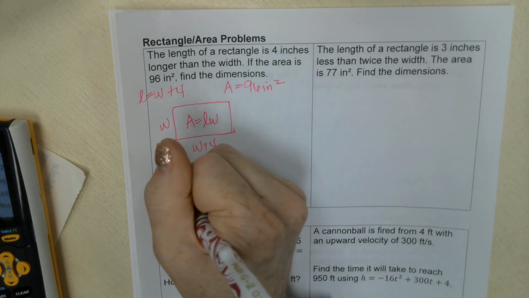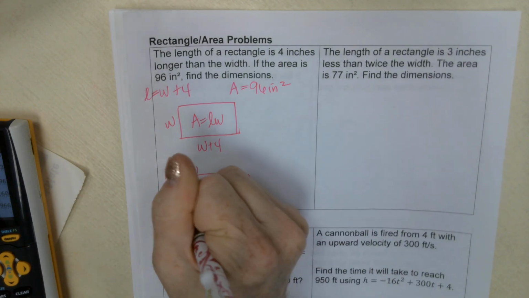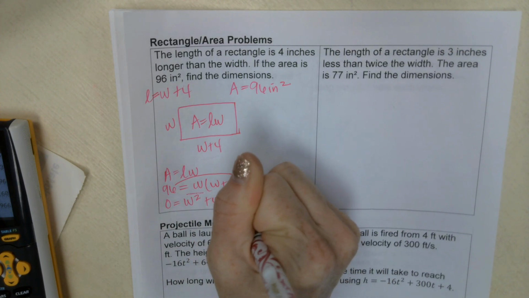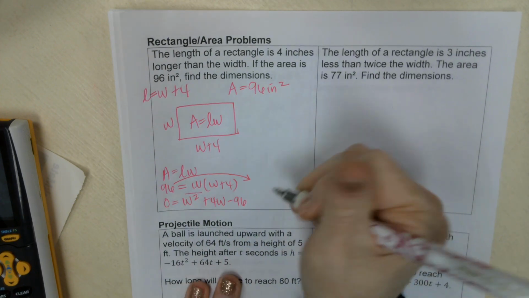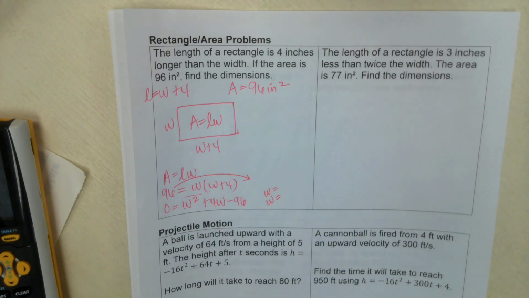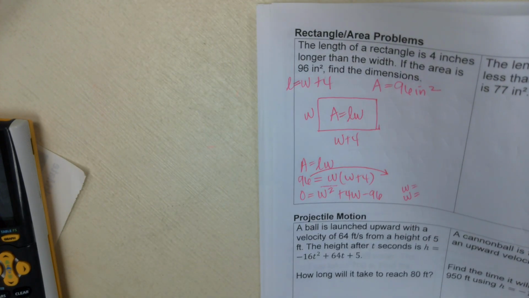I want one side set equal to 0. So while I'm distributing, I'm going to go ahead and set this side equal to 0. So I'm going to get two approximations for W because quadratics have two solutions. What is the only variable that Desmos recognizes?